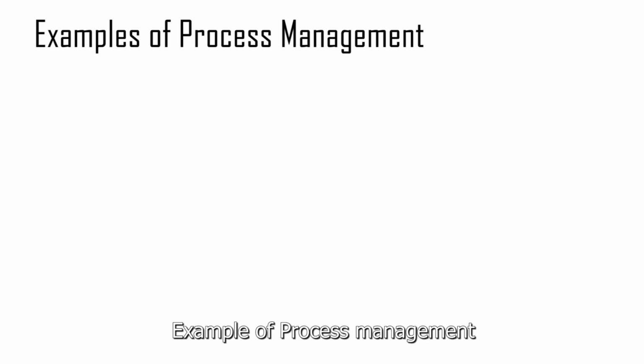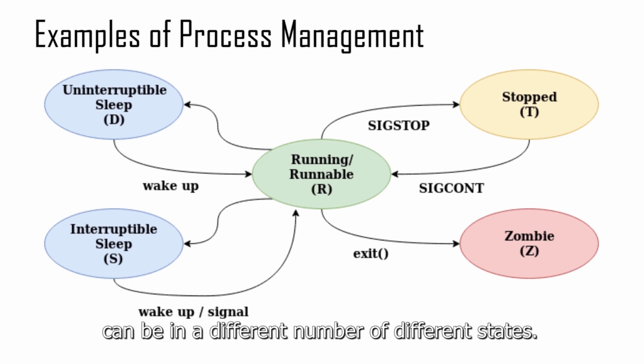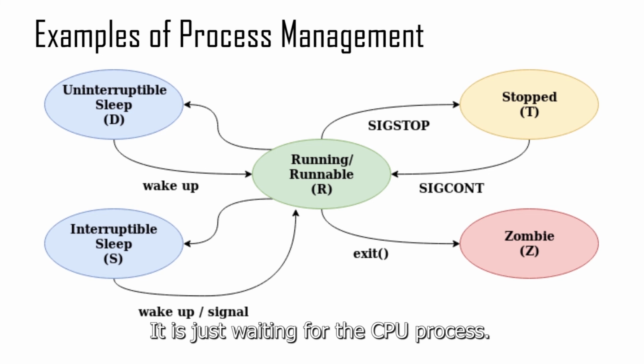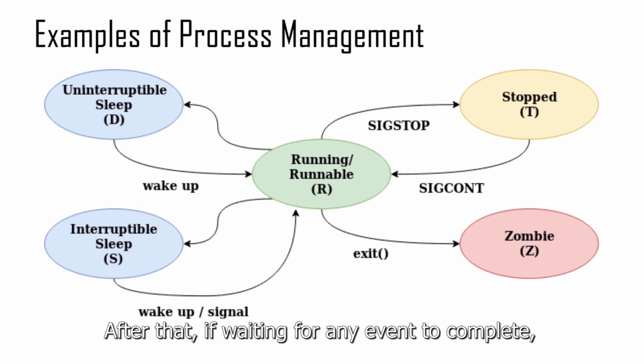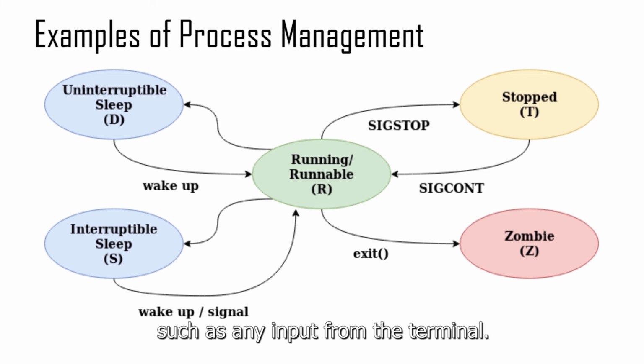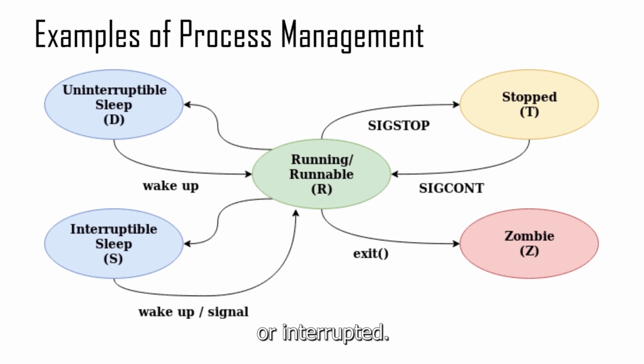Example of process management. For example, a Linux process can be in a number of different states. The most common states are, first of all, the running state, which is just waiting for the CPU. After that, if waiting for any event to complete, the interruptible sleep state will wake up or become active, such as on any input from the terminal. Then, what if a process can't be queued or interrupted?